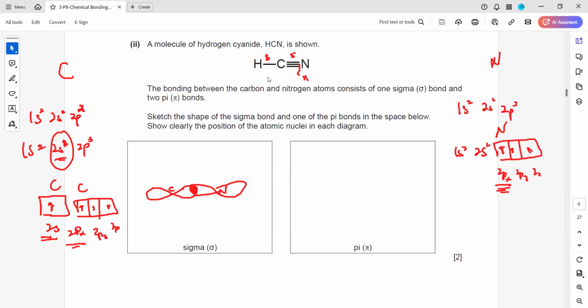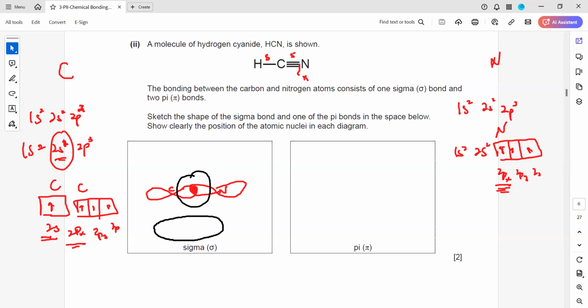So what is the probability of finding the electron? The maximum probability of finding the electron is in this region. When I show this representation, overlapping of the orbitals is fine, but the best way is to show the electron density cloud.